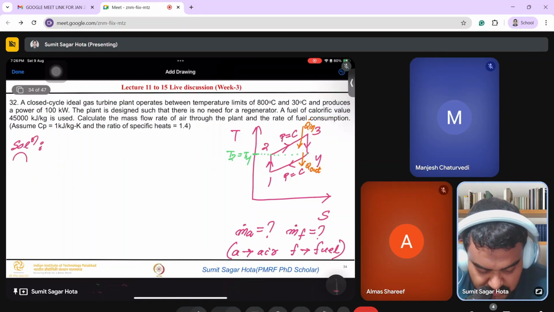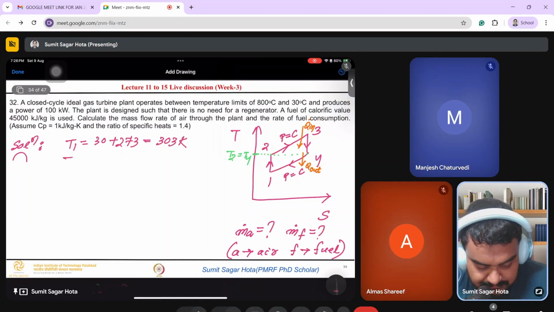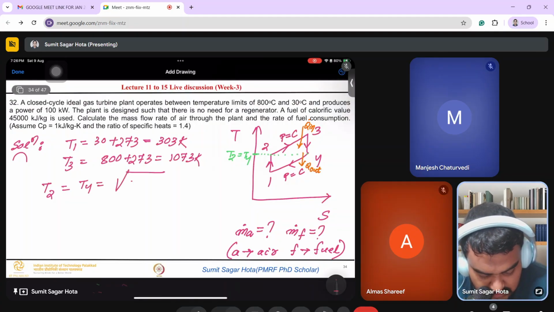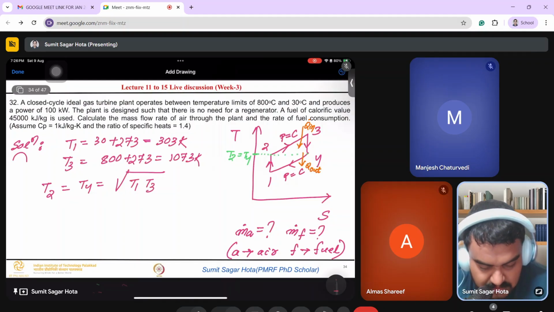So what is your T1? T1 is equal to 30 plus 273, which is 303 Kelvin. T3 is equal to 800 plus 273, which is 1073 Kelvin. So T2 is equal to T4, which is equal to the square root of T1 into T3.